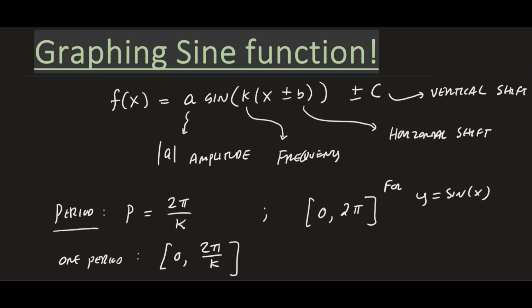And if there is a shift, then of course this gets modified. You can add or subtract the horizontal shift to determine your interval for one period. So knowing that, let's take a look at our first example, to see if we can apply all of these little details.